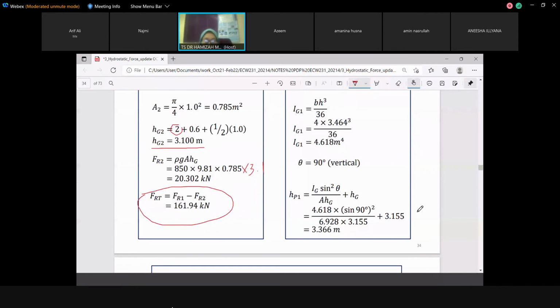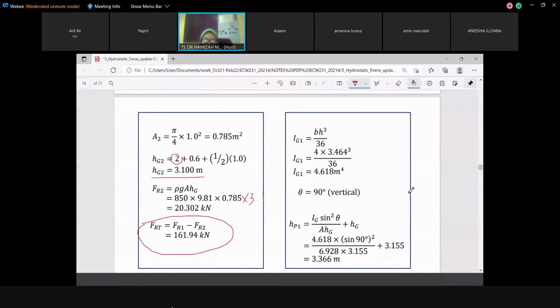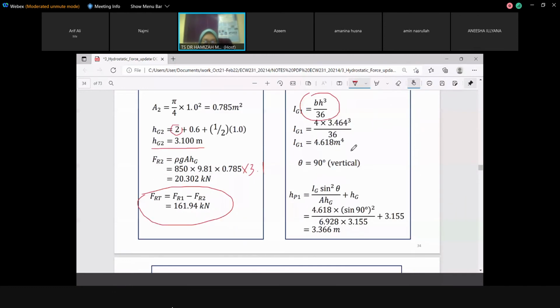Okay. And then second moment area pun ada dua. Sebab dia melibatkan two element which is triangle and circle. And this is for circle.